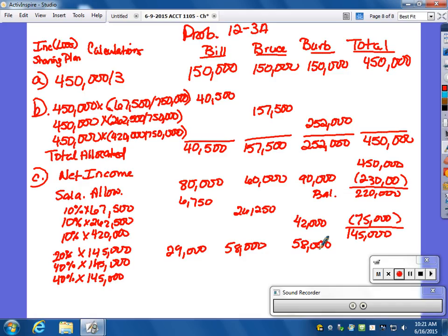So we know all this equals out to 450,000. What are their ending total shares at this point? What you're doing is taking the salary allowance plus the interest plus the remaining, adding these three numbers up.